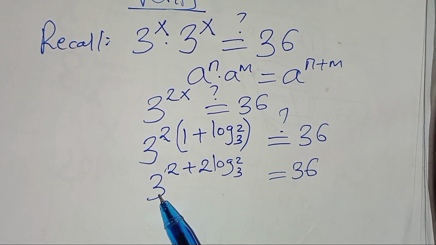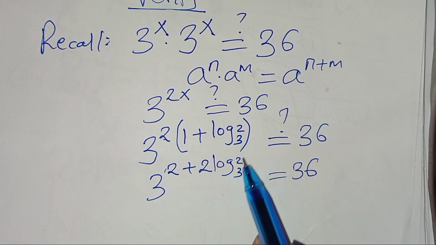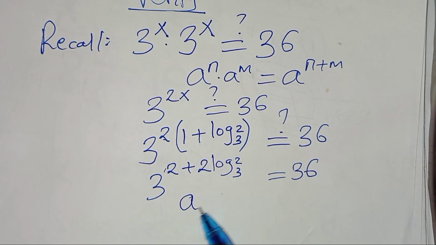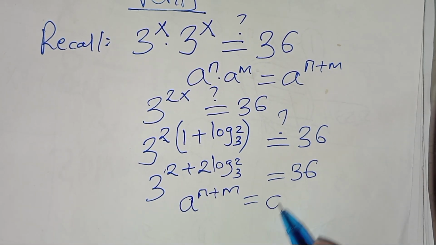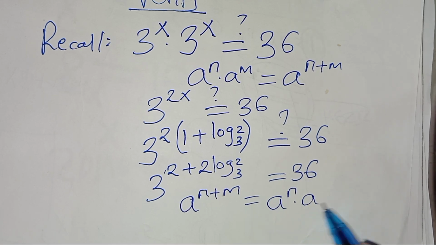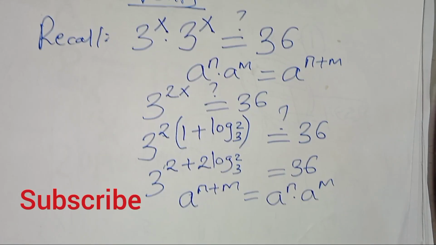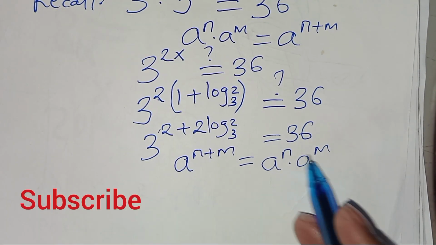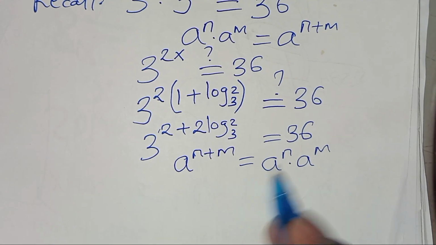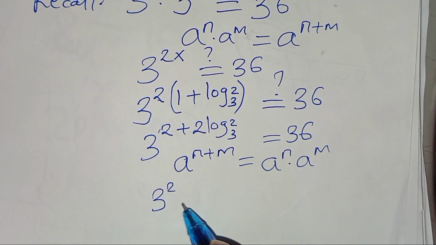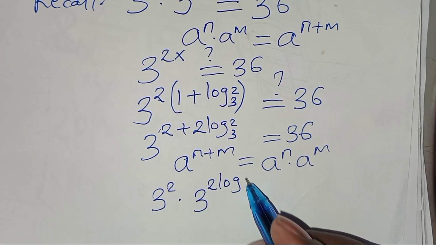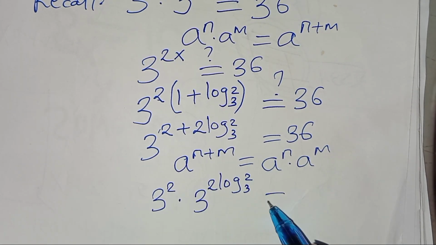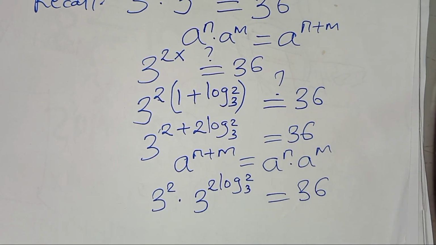Now, as you can see, 3 to the power of 2 plus 2 log 2 to base 3 is in the form of a to the power of n plus m, which we can express as a to the power of n multiplied by a to the power of m. Okay, so applying this property, we'll have 3 to the power of 2 times 3 to the power of 2 log 2 to base 3. This should give us a value of 36.